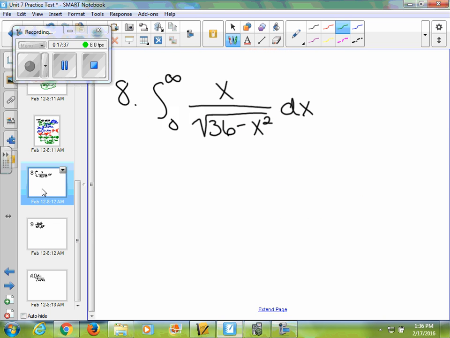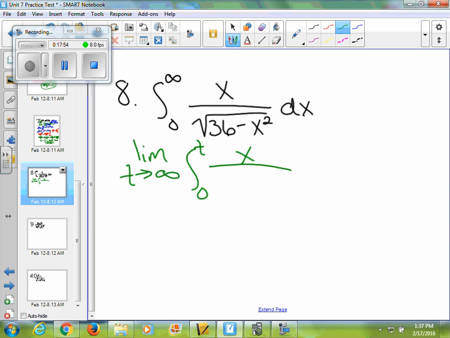Okay, if I look at number 8, I'm given the integral from 0 to infinity of x divided by the square root of 36 minus x squared dx. So I'm going to rewrite this as the limit as t approaches infinity from 0 to t of that integral, so x over the square root of 36 minus x squared dx.